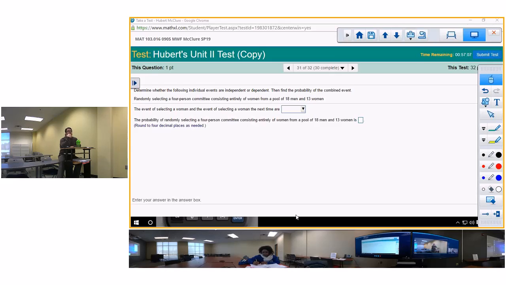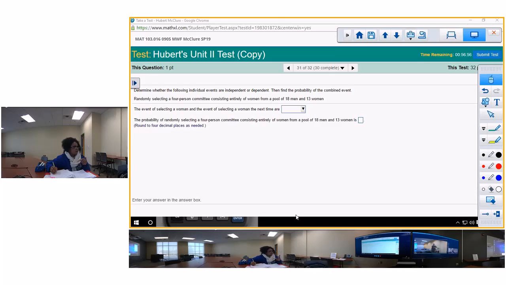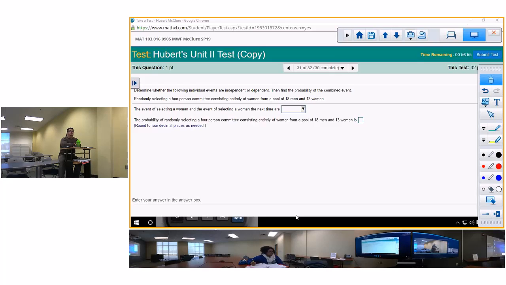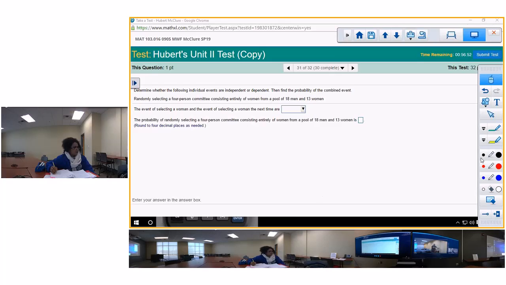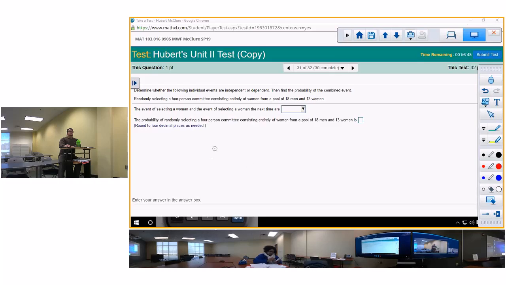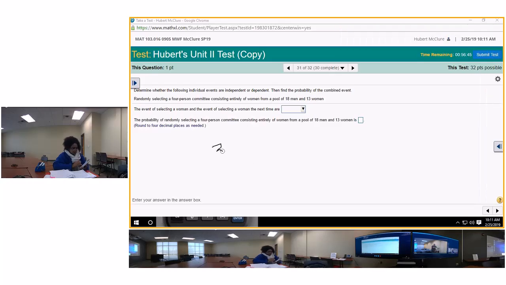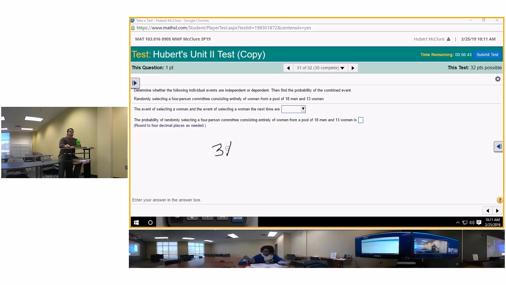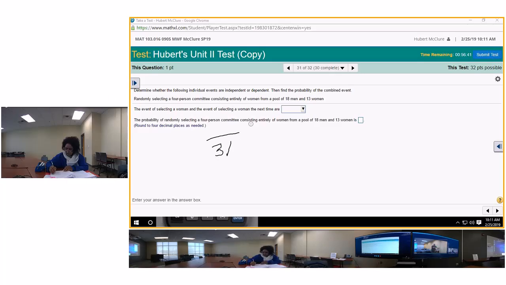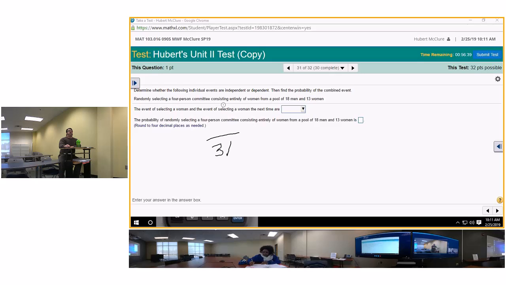Okay. So first of all, get your total. What's the total? Is it 18 plus 13, what is that? 41 or 31? 31. I'm sorry. So 31 is your denominator. Now it says a 4-person committee consisting entirely of what?